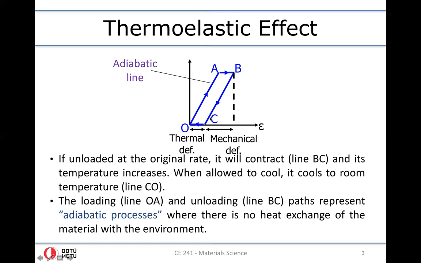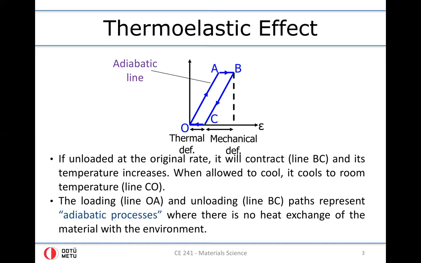Adiabatic processes are the processes, as you will recall from your chemistry course, Chem 107, where the system doesn't exchange any thermal energy with the environment. That means your system is insulated. In this case, the system is our specimen, in other words, the material.